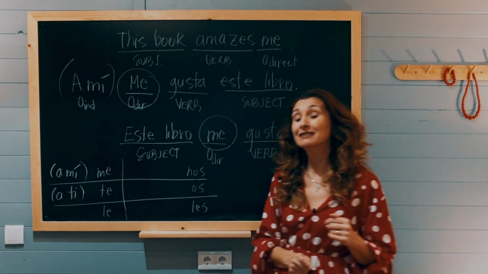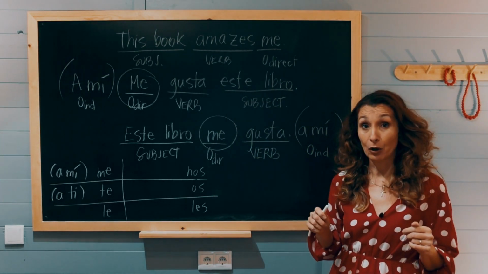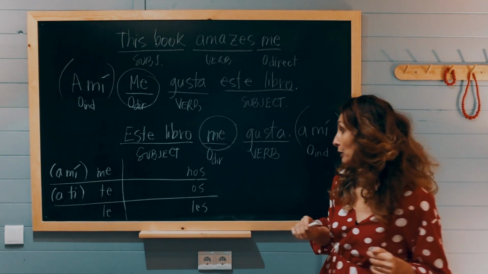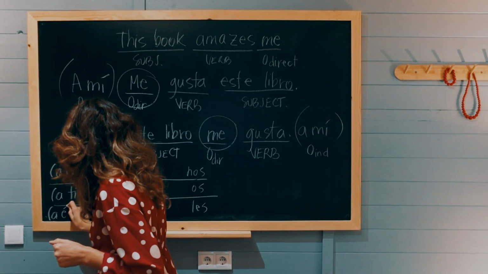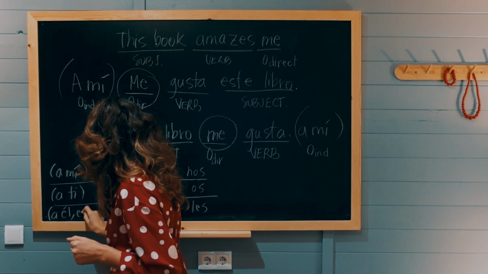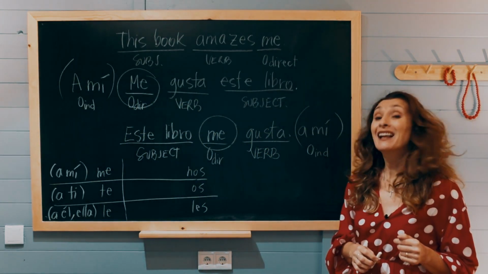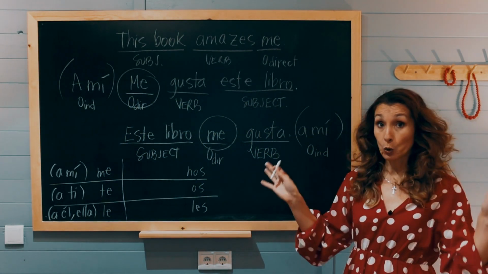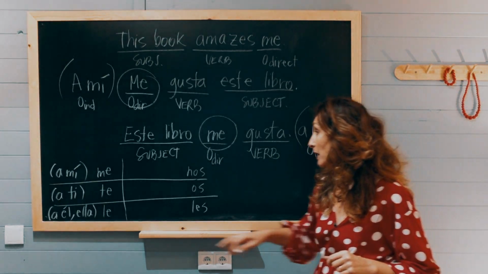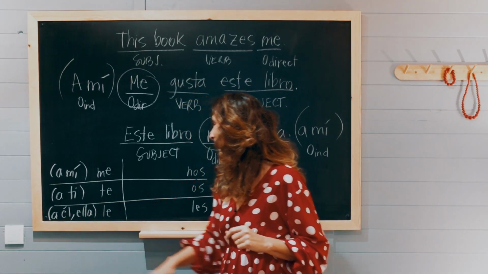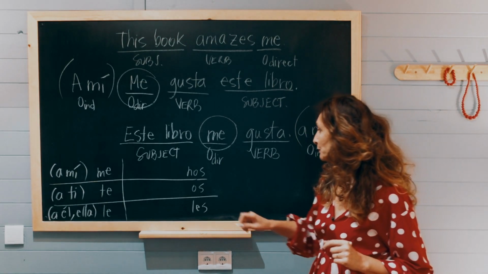A ti te gusta ese otro libro, you like this other book, okay? And then here we would say a él or a ella le gusta, no le gusta este libro. Maybe he or she doesn't like the book, okay? So a él o a ella no le gusta este libro.